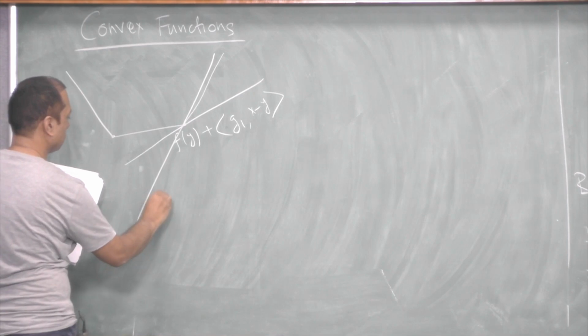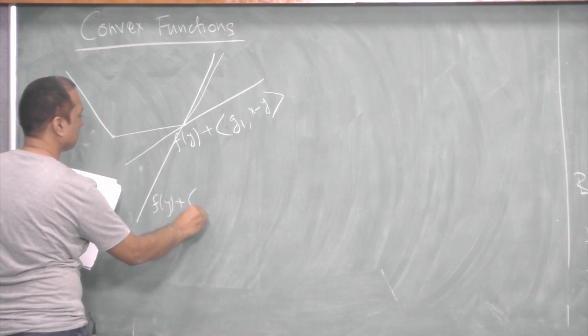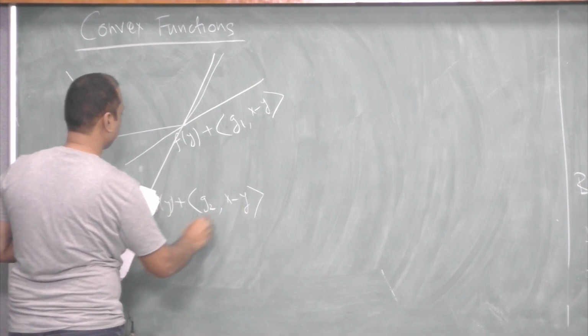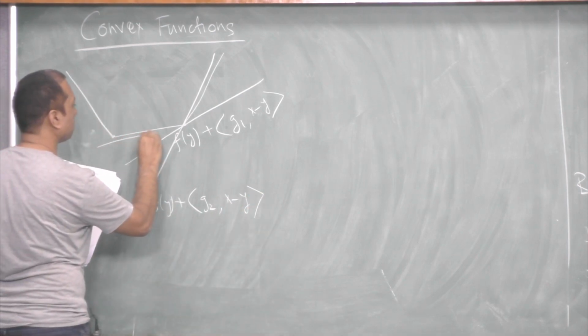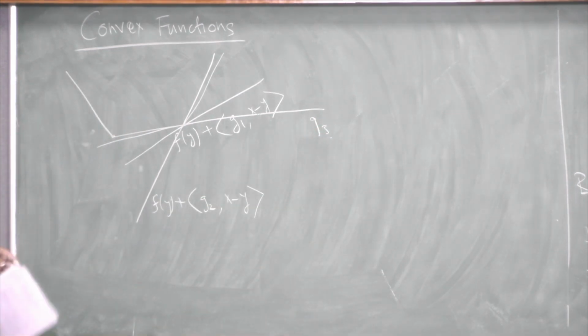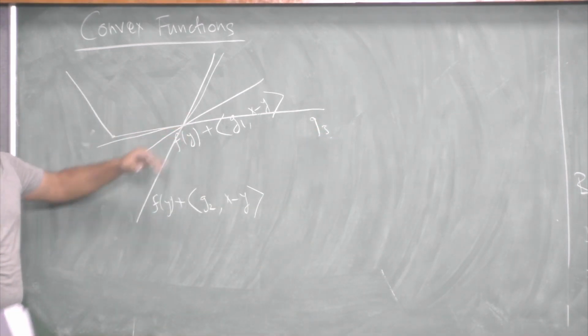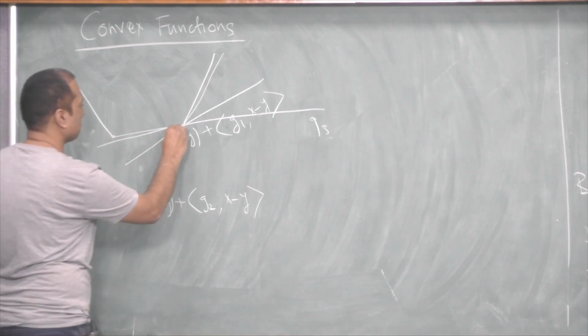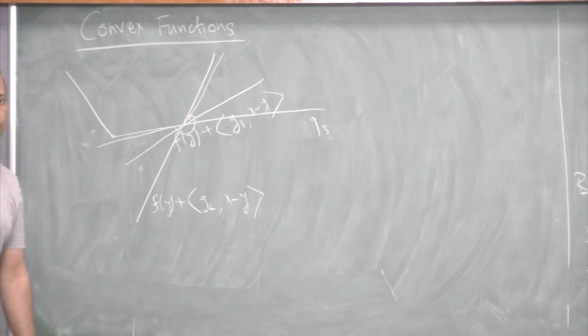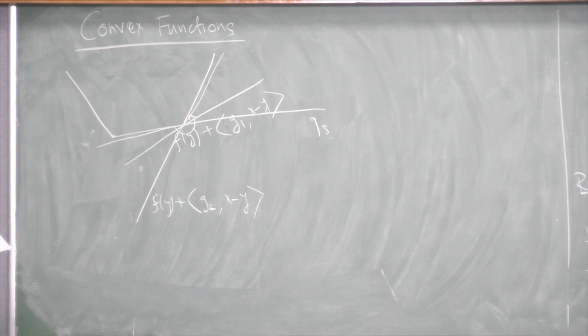This will be another tangent: f(y) plus some g2 (x minus y). Similarly, we can do something else, this will be for g3. So these are lines with different slopes, and this essentially characterizes all the slopes that you could have at that point.